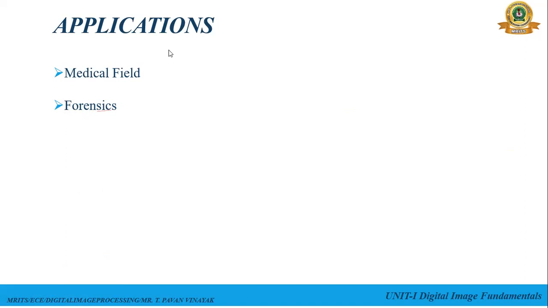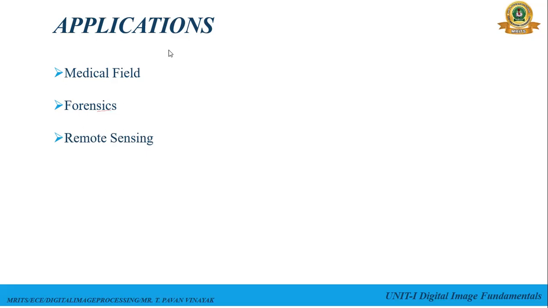Next application is remote sensing. In remote sensing also we use image processing. Remote sensing means we capture the environmental conditions or what is underground. From those pictures we perform image enhancement techniques or other techniques such as texture classification.